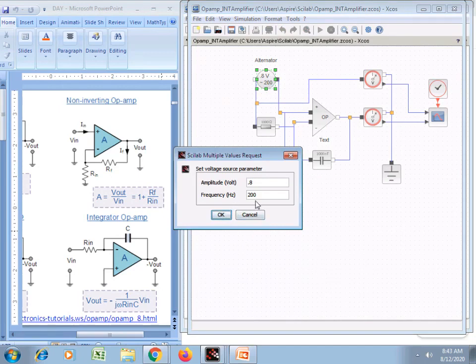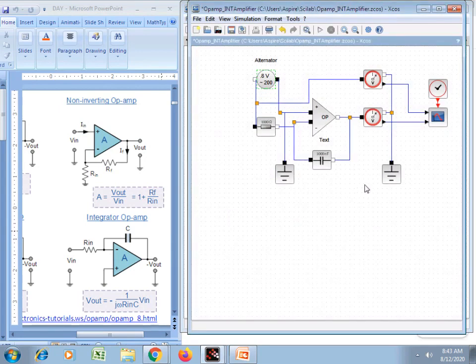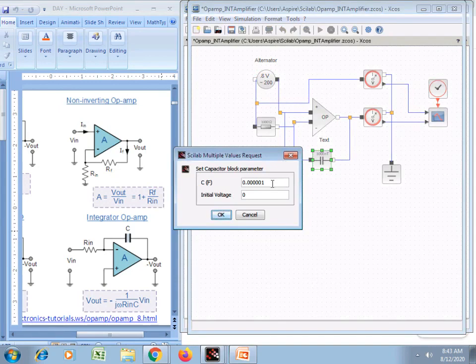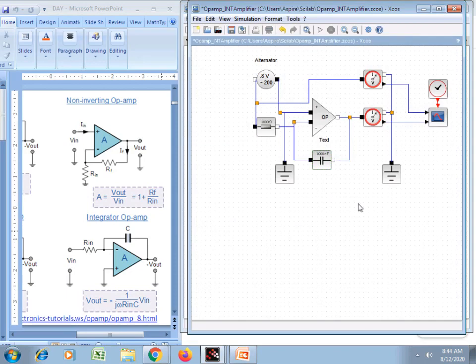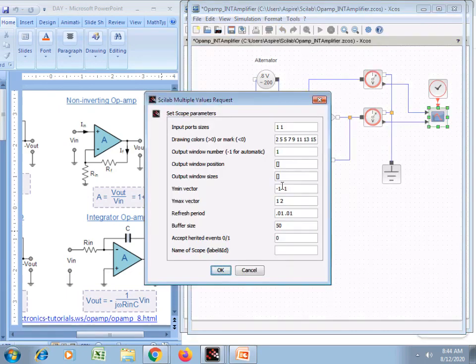I have set its frequency to 200 hertz. This capacitor I have set to 1000 nanofarad, meaning 1 microfarad. The scope parameters for the first input are -1 to 1, and for the second input -1 to 2.